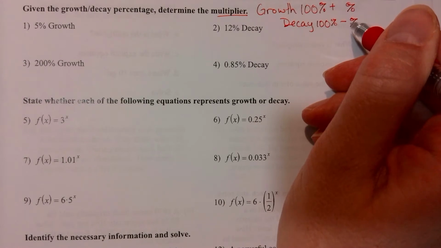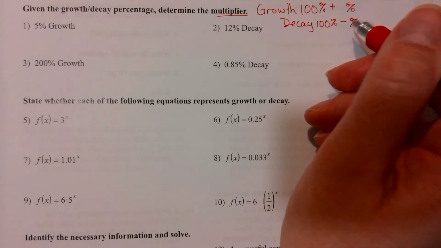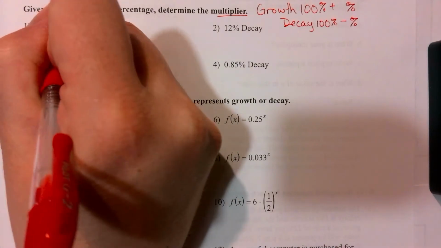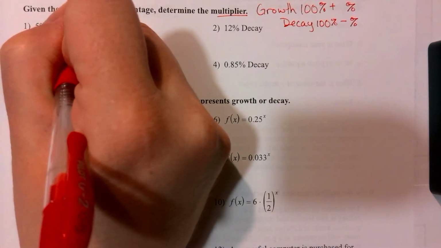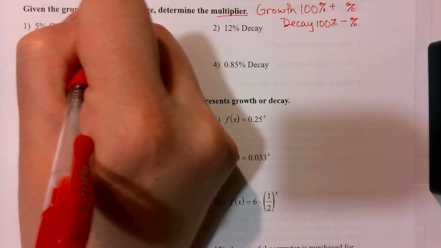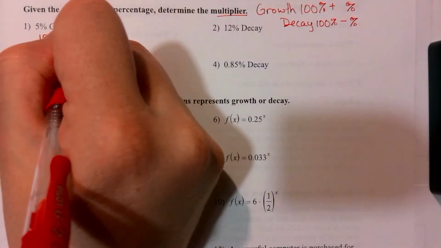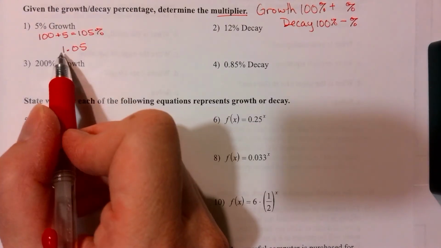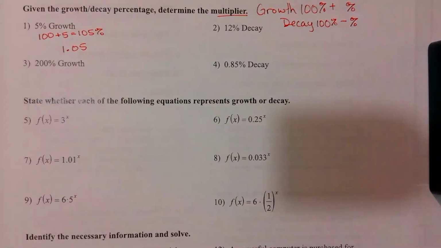And then the multiplier is always going to be given as a decimal. So I like to keep it in the percent, just so it's easier to deal with the decimals. So I have 100% plus 5%. So I get 105%. But when I go to put this in my equation, I'm going to use my multiplier as 1.05. And this makes sense because if we multiply by 1, it gives me back my number, and then a little bit more.